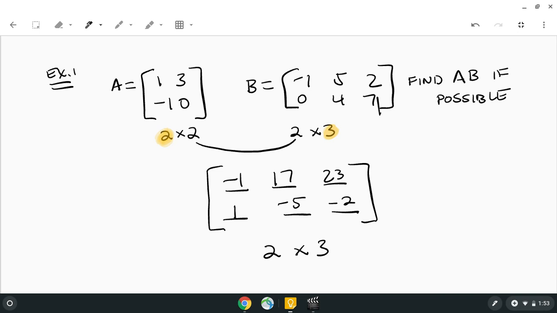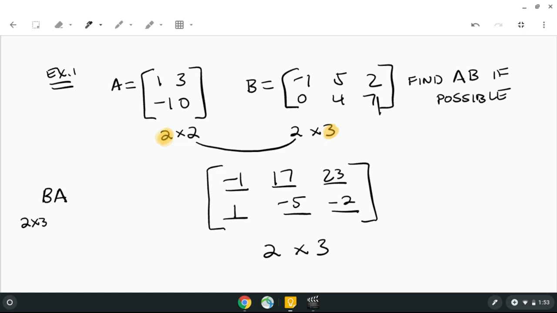But if we look at matrix multiplication, not scalar multiplication, we see here that if I try to switch these around and I try to do B times A, well, B is a 2 by 3, right? And A is a 2 by 2.